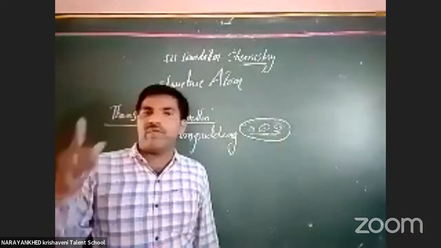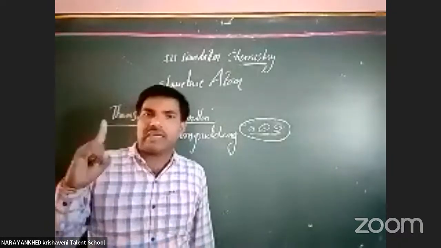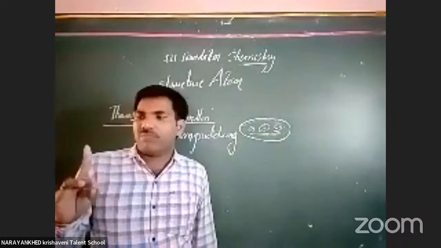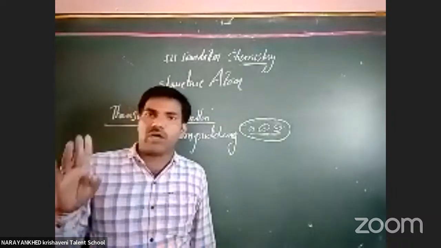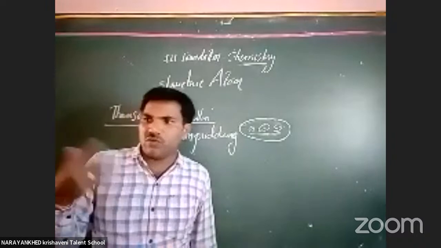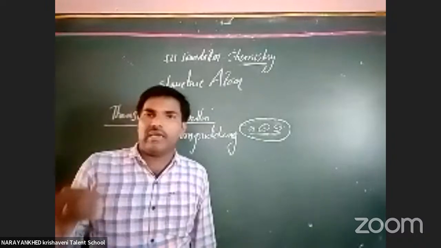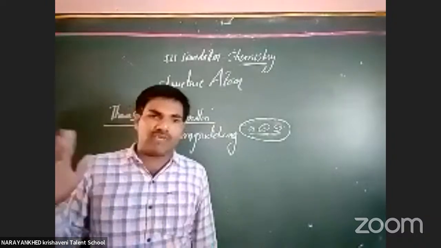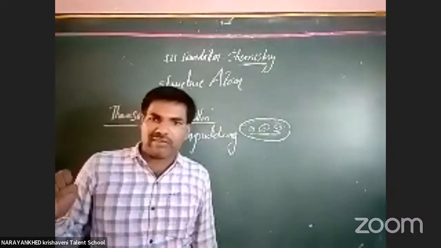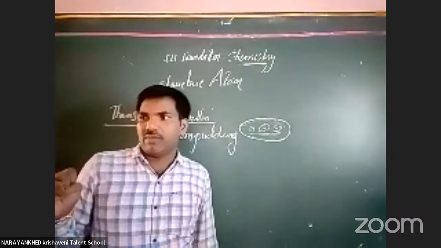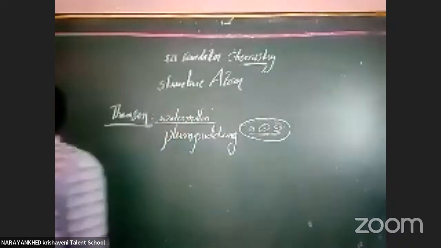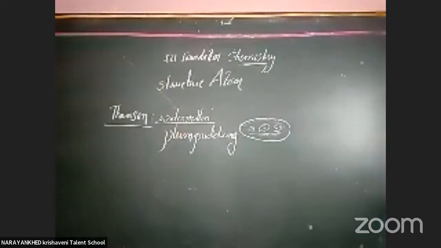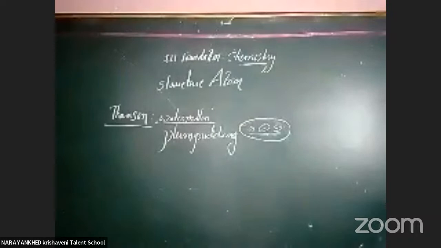You already know that hydrogen contains one electron, one proton and one neutron. Suppose you take oxygen: 8 electrons, 8 protons and 8 neutrons are there. Sorry, I said 18 earlier, but it is 8 each.